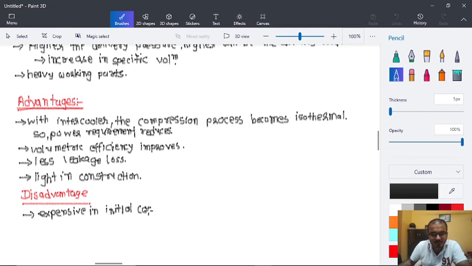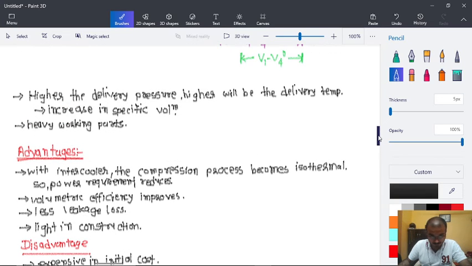This is the only disadvantage that we have, because it requires multiple cylinders and intercoolers. That is the reason that the initial cost of multi-staging is more in comparison with single stage. So let's copy this work into our slides.